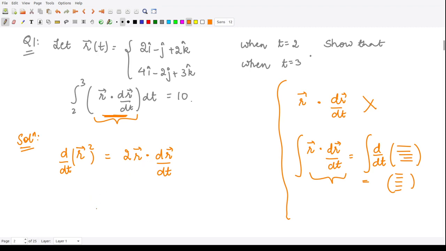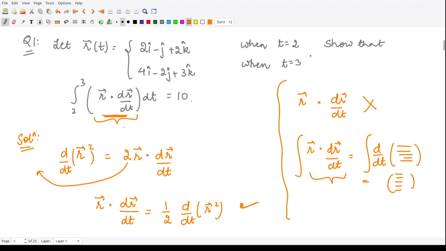So the quantity vector r dot with dr by dt becomes equal to, shifting this 2 to the left hand side, 1 by 2 d/dt of vector r square. Okay, so this is how I am writing this.